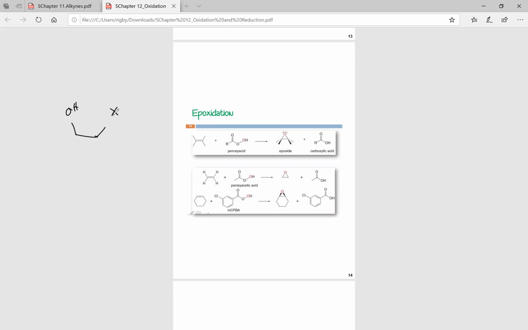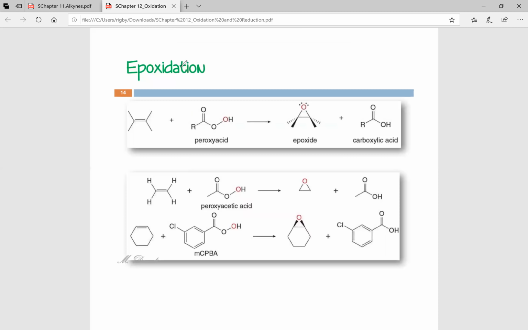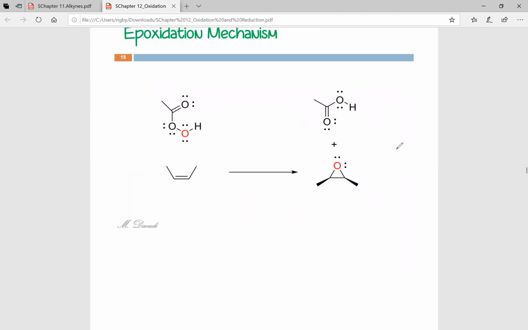However, a lot of the time we don't have that, but we do have a double bond somewhere. As a result, we can use peroxy acid in order to make an epoxide and a carboxylic acid. What is also important to note here is that the peroxy acid is not a catalyst because it ends up changed into a carboxylic acid in the end, okay?